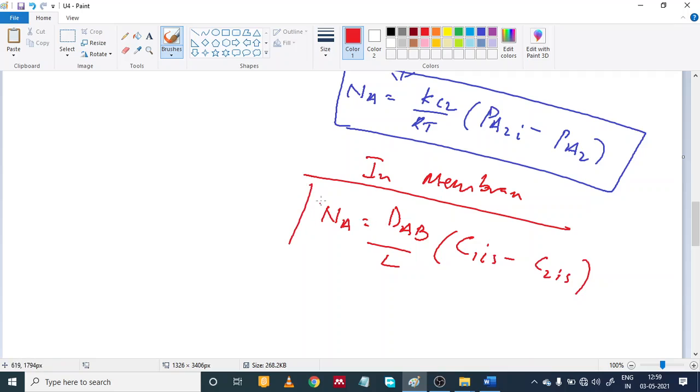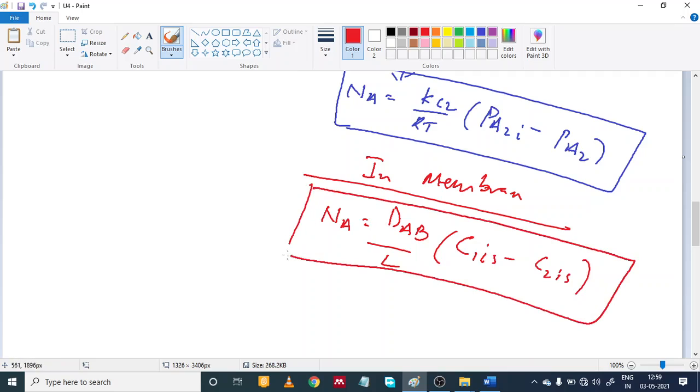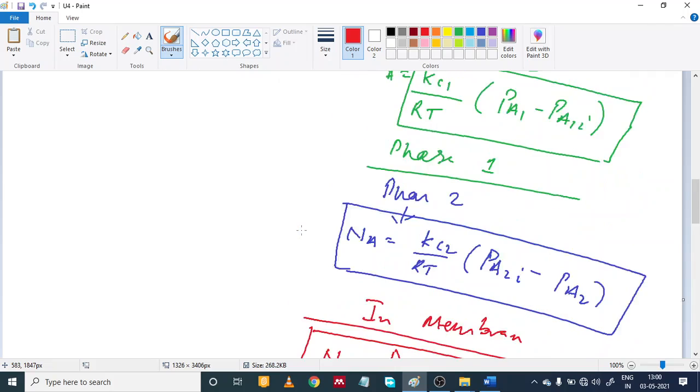So this is the resistance in the membrane. So we can get all these three, phase 1, phase 2 and phase 3, because everywhere Na is the same.